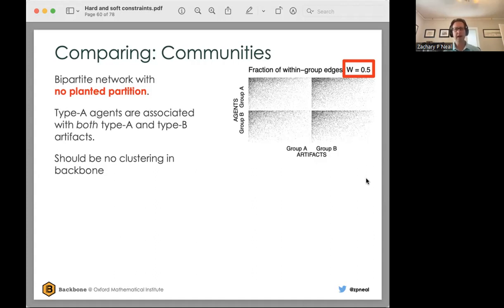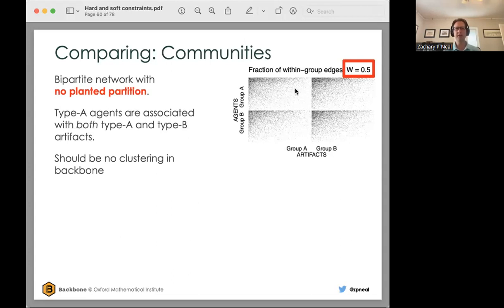In this case, each of these little black dots represents a 1 in an incidence matrix. So we can see we've got two types of agents, group A and group B. And we also have two types of artifacts, group A and group B. And in this example, type A agents have an equal probability of being associated with one of these group A artifacts or one of these group B artifacts.